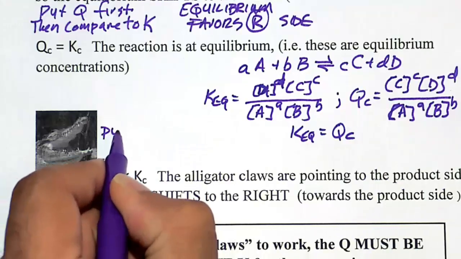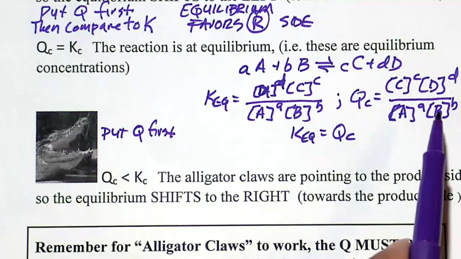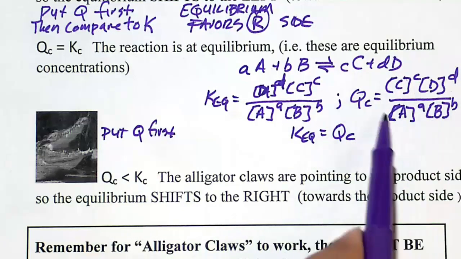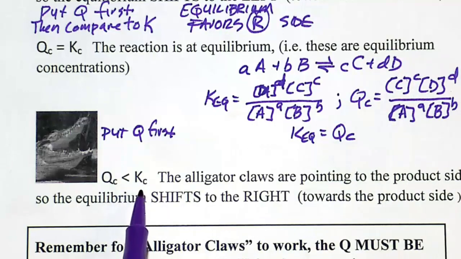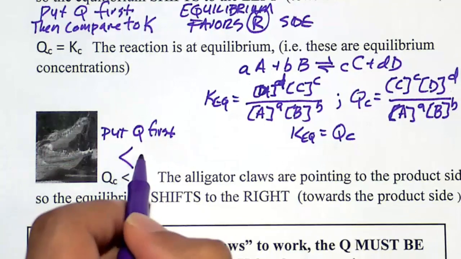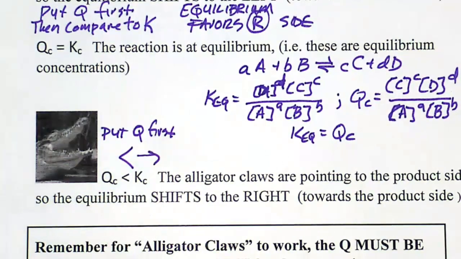Q first again to K: if the non-equilibrium concentrations in the quotient are less than K, then where does the alligator clause point? It points towards the product side, and the reaction favors the product side.